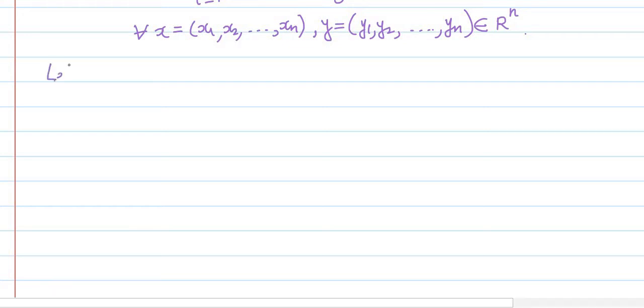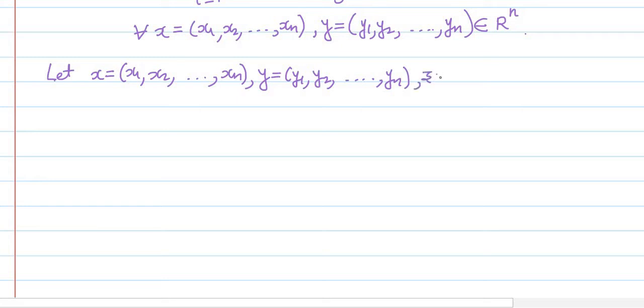So let x equal to x1, x2 up to xn, y equal to y1, y2 up to yn, and z equal to z1, z2 up to zn be any three n tuples from R raised to n, meaning members from R raised to n.